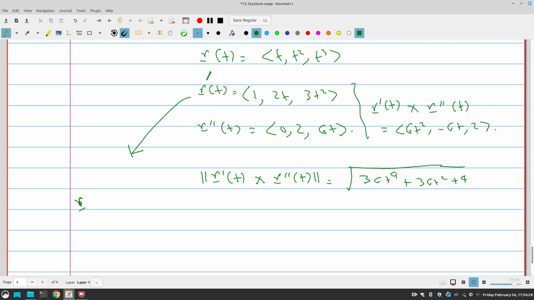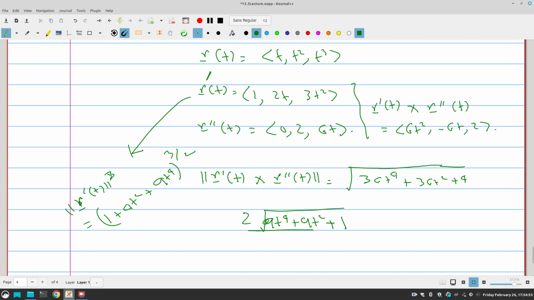Downstairs you have the magnitude of r prime t cubed, which is equal to 1 plus 4t squared plus 9t to the 4, to the power of 3 over 2. So the answer is basically 2 times 9t to the 4 plus 9t squared plus 1, divided by 1 plus 4t squared plus 9t to the 4, to the power 3 by 2.